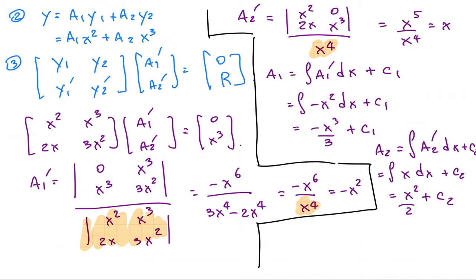But don't forget guys that the solution is in terms of a1 x squared plus a2 x cubed. So the solution would be y equals a1, which is minus x cubed divided by 3 plus c1, x squared, plus x squared divided by 2 plus c2, x cubed.